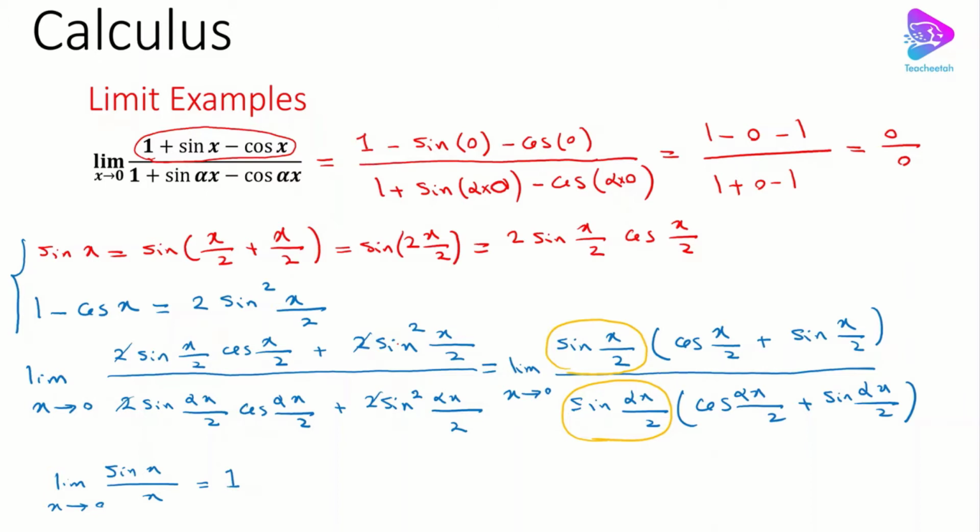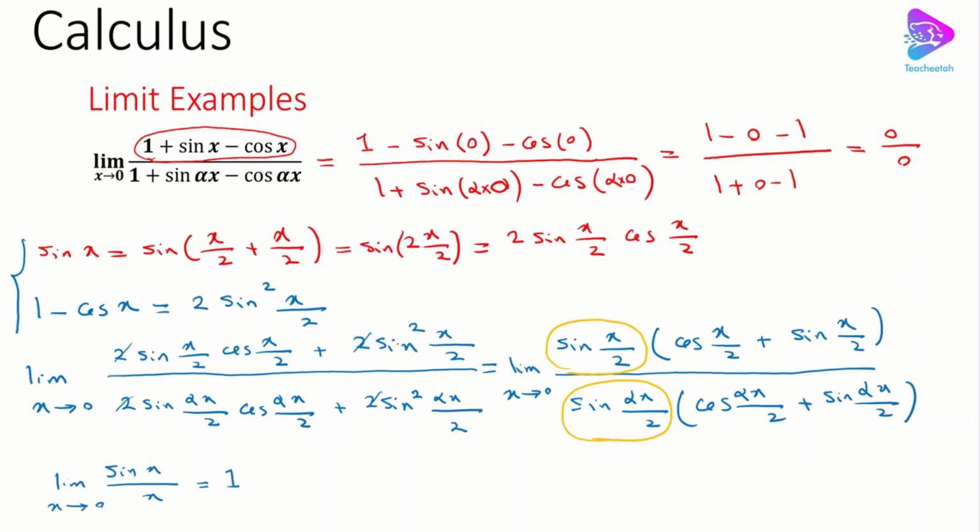For 0 over 0 we have to use algebraic simplifications, and because we have trigonometric functions inside this problem, we have to use some sort of trigonometric identity to find the top part in a new form that results in a good solution for us.